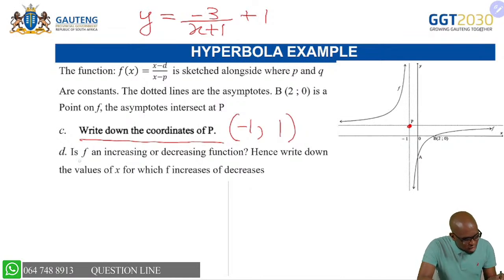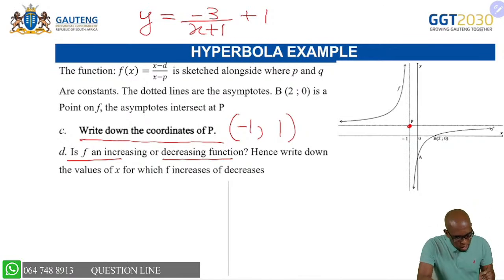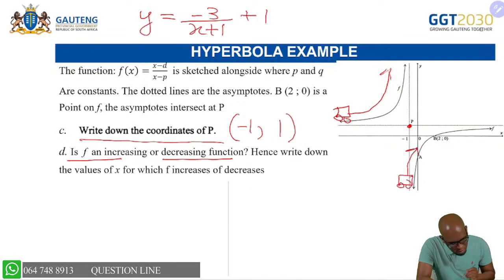So they ask now, is f an increasing or a decreasing function? I think we spoke about that. You're going to read the graph from left to right. Now, if you check here, if I can put my toy car here, as it moves here, it would be moving up. And if I place it here on the extreme left, as it moves here, it would be moving up.